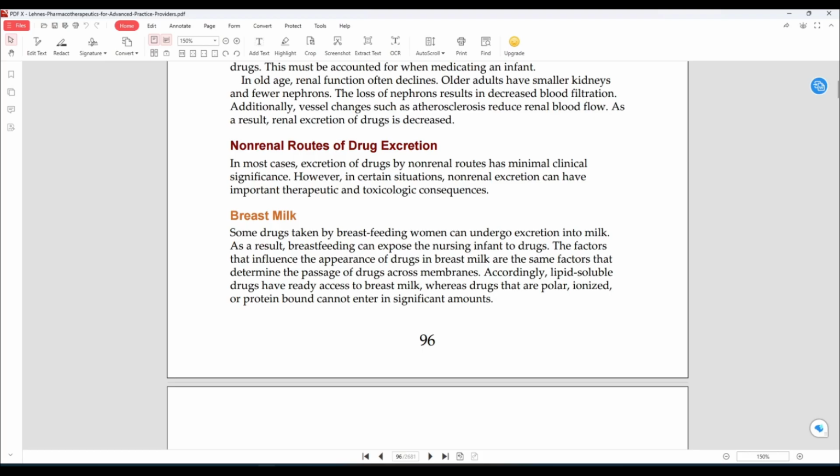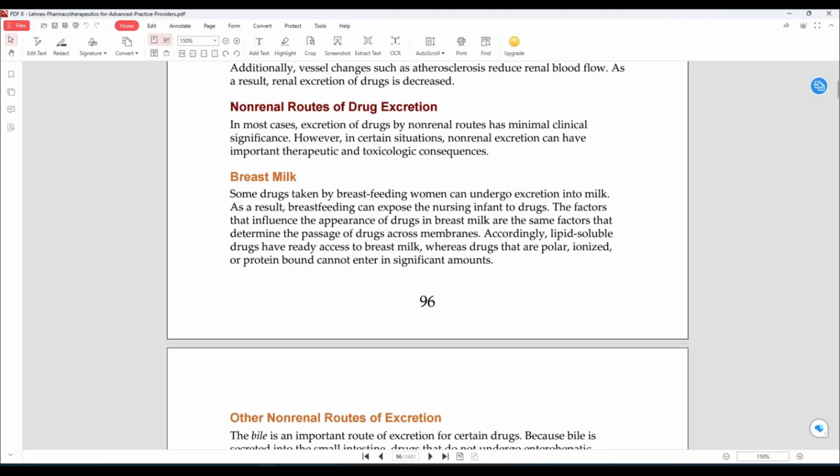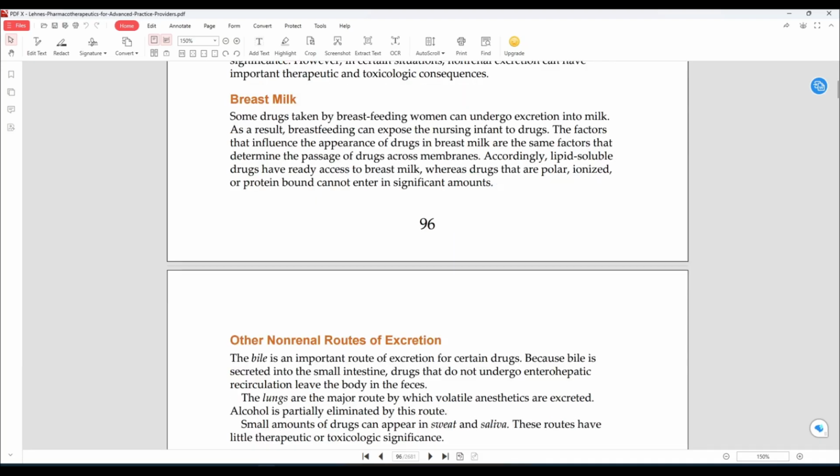Non-renal routes of drug excretion. In most cases, excretion of drugs by non-renal routes has minimal impact. However, in certain situations, non-renal excretion can have important therapeutic and toxicologic consequences. Breast milk. Some drugs taken by breastfeeding mothers can undergo excretion into milk.